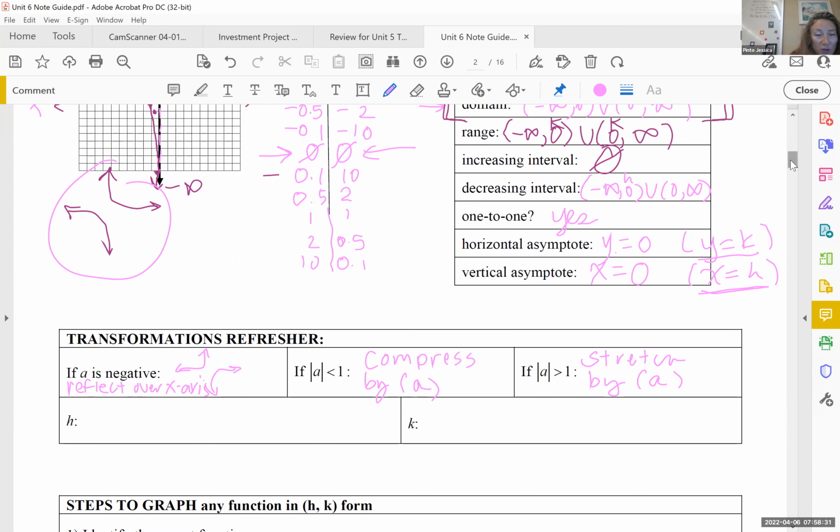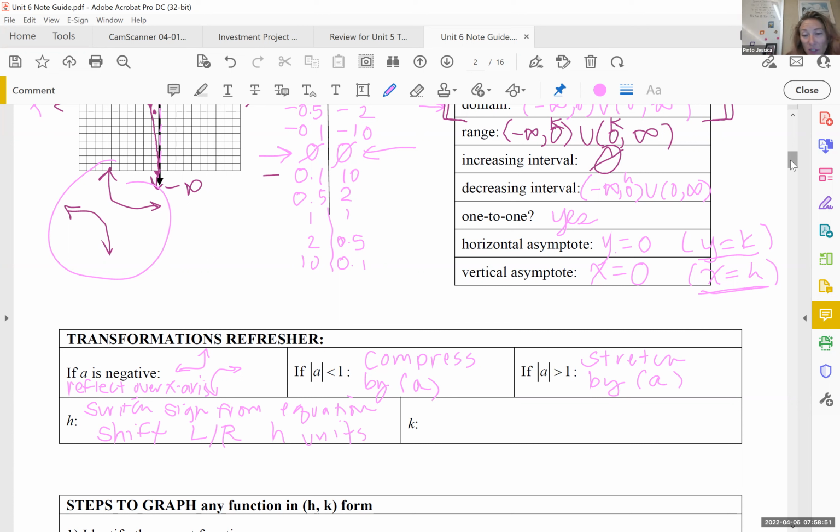H, remember to switch the sign from the equation. And this will be shift left or right H units. And K is the same.